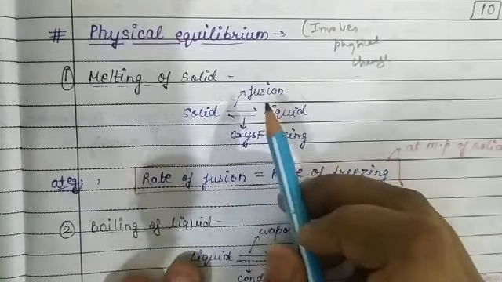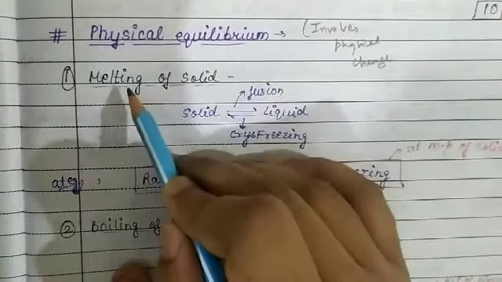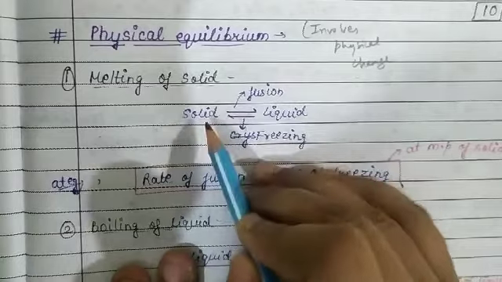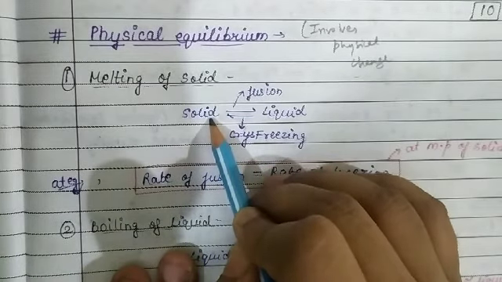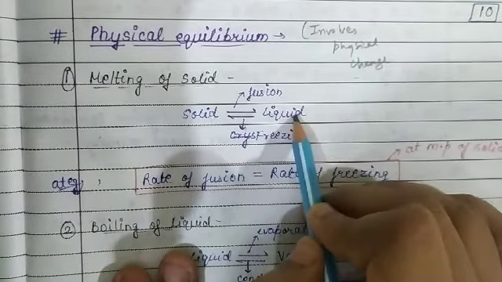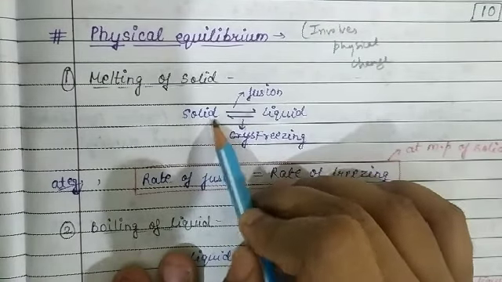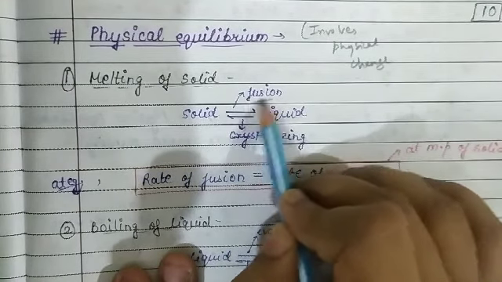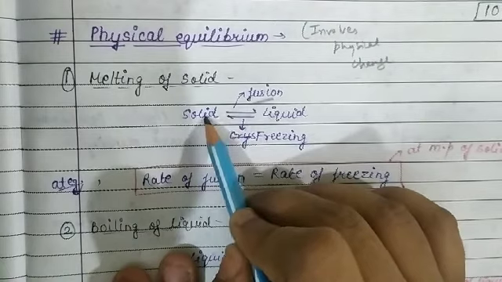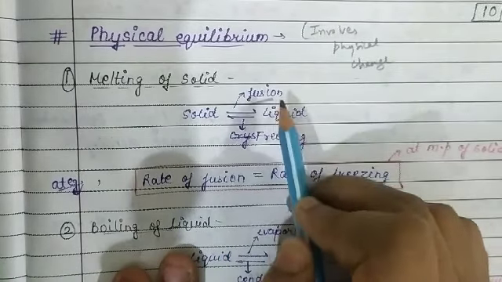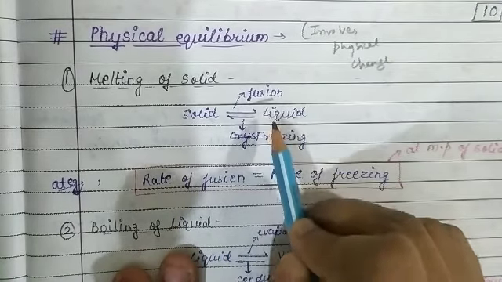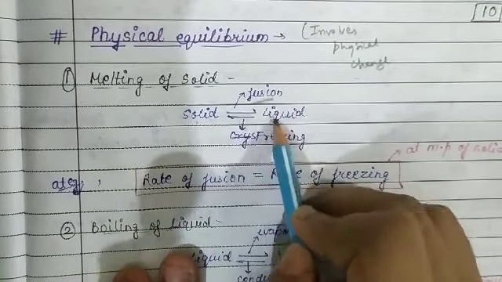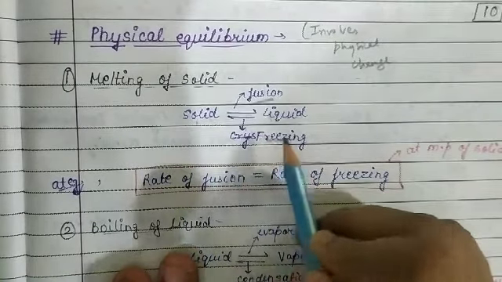The first case we are going to see is melting of a solid. When a solid converts into liquid, we call this fusion, and when a liquid converts into solid, we call it freezing.